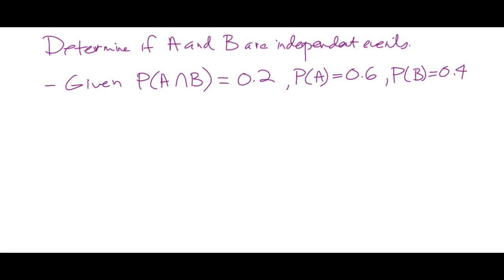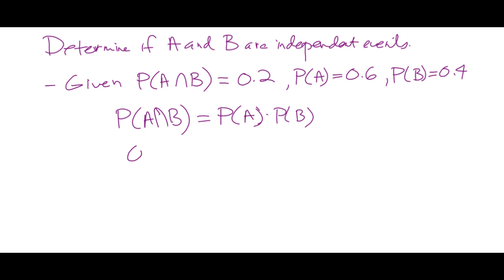Okay, so you're asked, are these independent? So you got to say, all right, what do I know about independent events? I know I'm going to use the formula P of A and B is equal to P of A times P of B. So P of A and B is 0.2. So the question is, is that equal to 0.6 times 0.4? So put a question mark there.